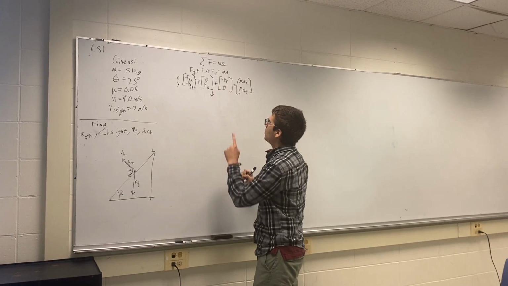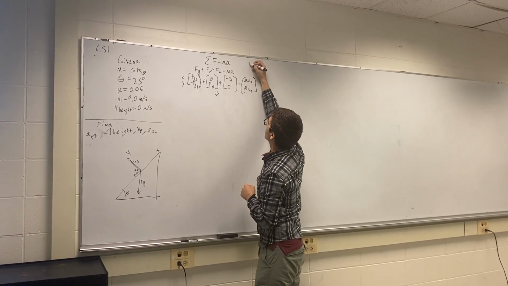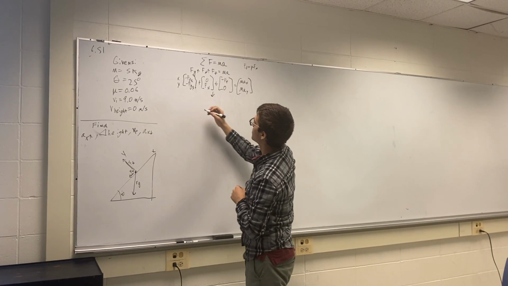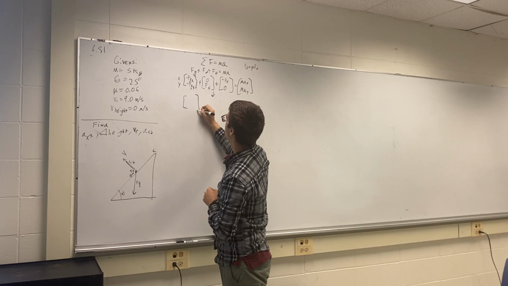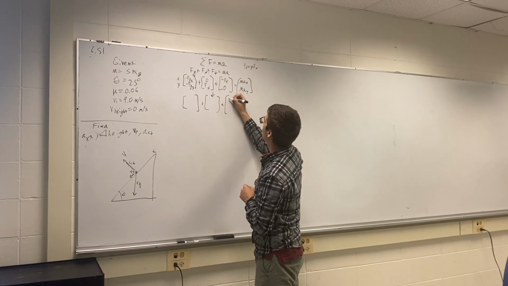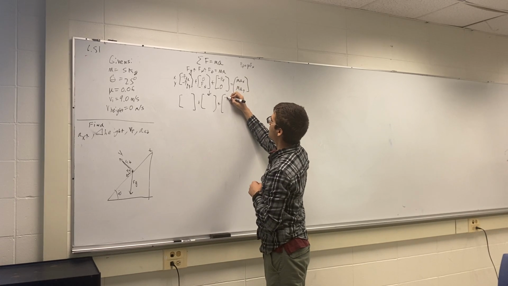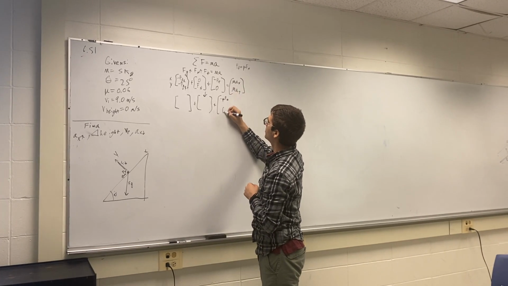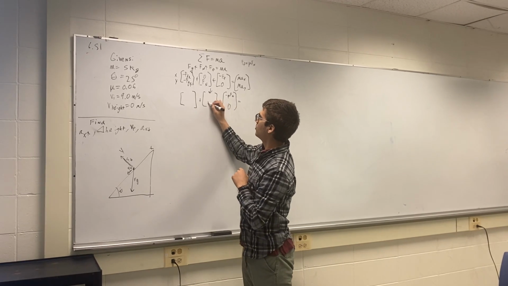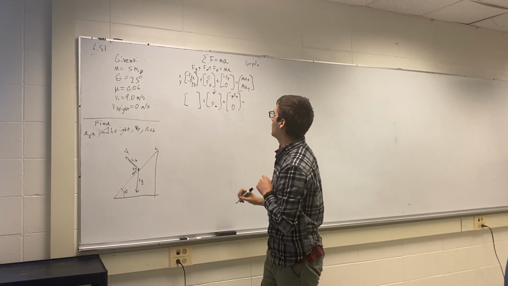From here, we know that force friction is equal to mu force normal. So when we translate this, we can set force friction to be negative mu force normal. Force normal we don't know yet.